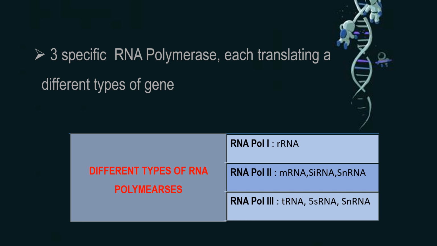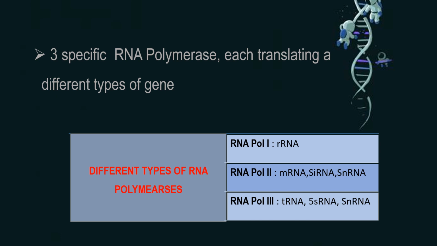First one, RNA polymerase 1, initiates the synthesis of ribosomal RNA, that is 28S rRNA, 18S rRNA, 5.8S rRNA. The location of this polymerase is the nucleolus. Then the second type, RNA polymerase 2.